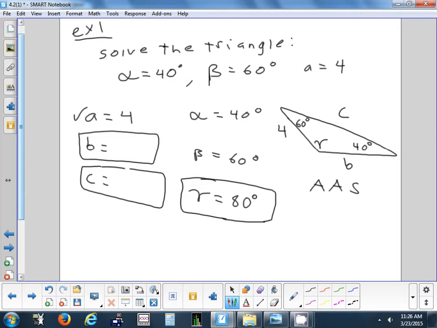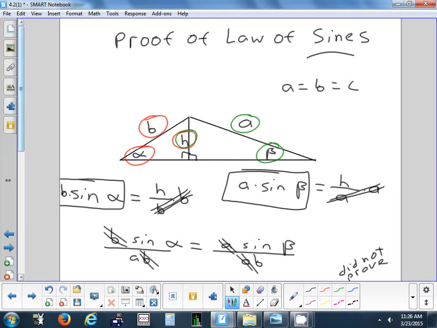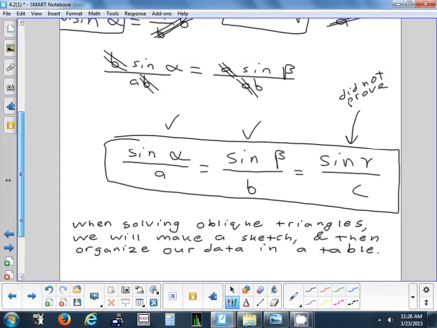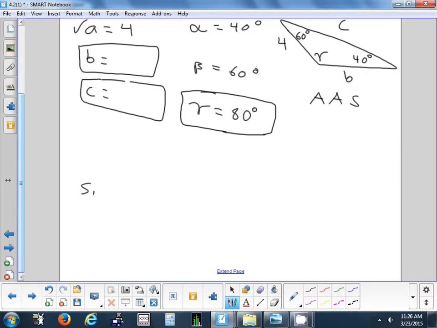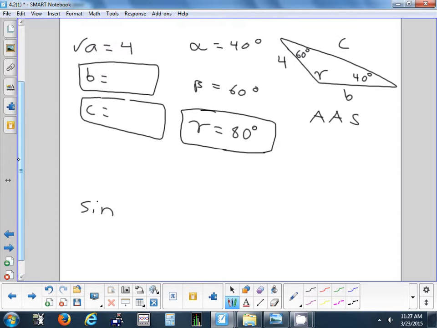So we've got alpha and we've got A. So we're going to fill in this first part. Sine of alpha divided by A. So we've got sine of 40 divided by 4.